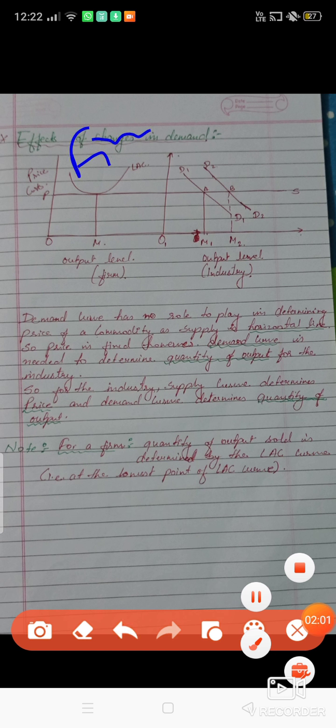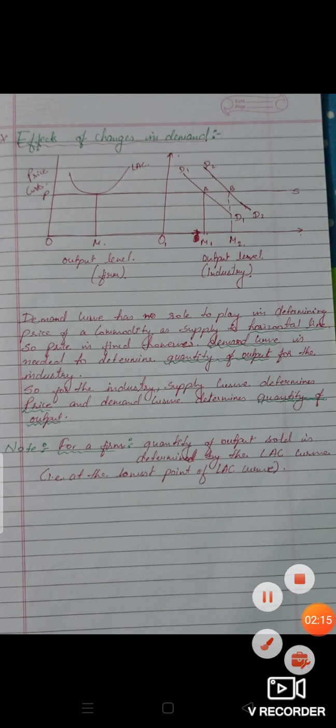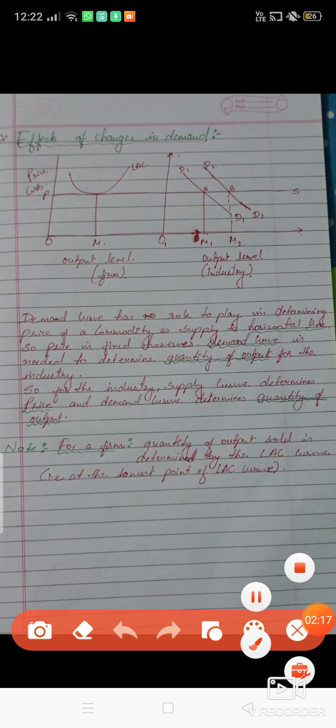This is about the farm, but this is about the industry. The demand curve has no role in fixing price because price is fixed here, but demand has a role in determining the level of output.